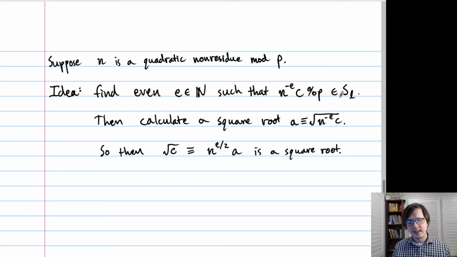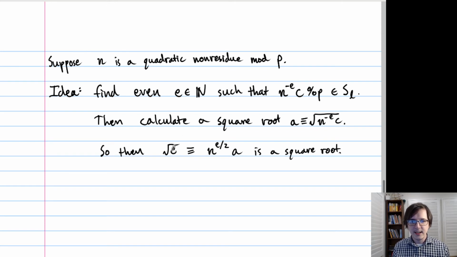There always will be some exponent that will cause this product to be in S_L. What's more, we can make sure that it's even. Then, because it's in S_L, we can compute some square root of it based on the previous slide.